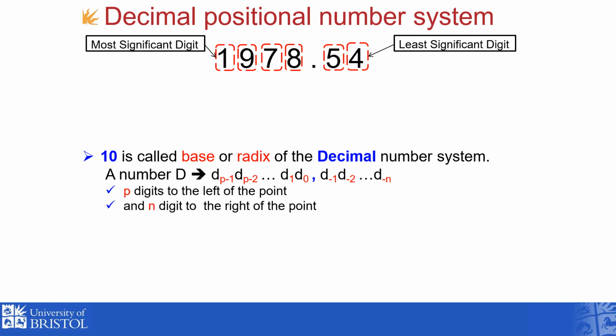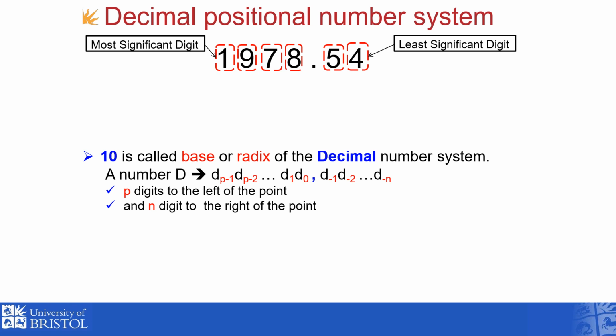Notice that we start counting from right to left, as I said earlier. So we start always from position 0, then position 1, and so forth up until position p minus 1. So obviously if you got p digits and you start counting from 0, then the most significant digit will be at position p minus 1, so that overall you got p digits left of the point.